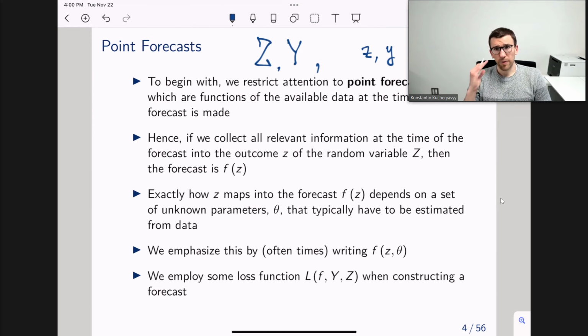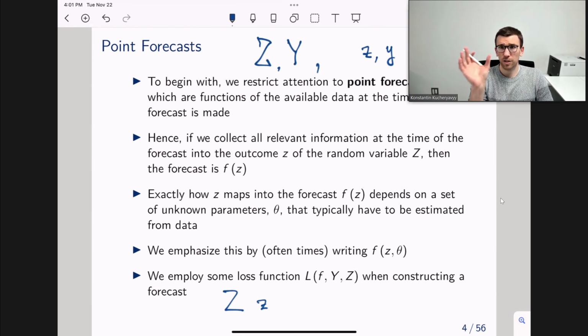Also, I will repeat it maybe several times: keep in mind, on each slide, that when we talk about Z capital or Z lowercase, we are dealing with the whole history of data, the whole data set that is available to us.